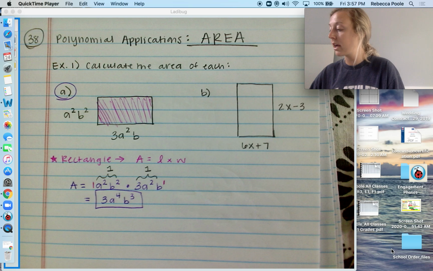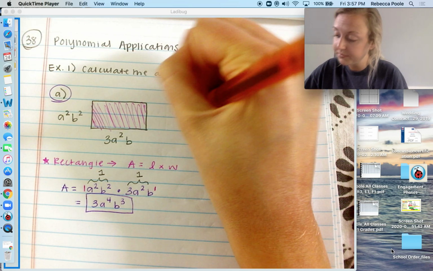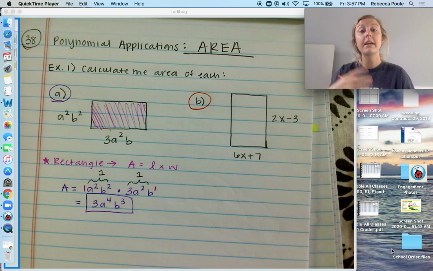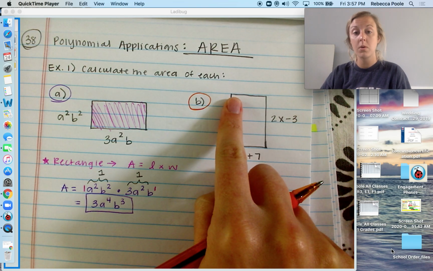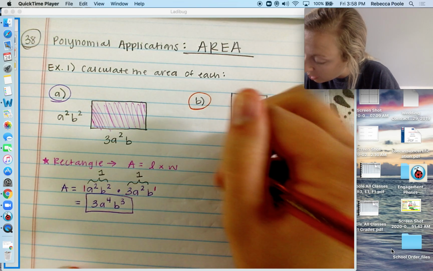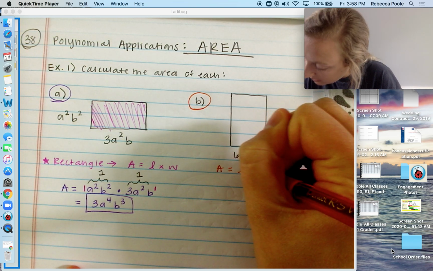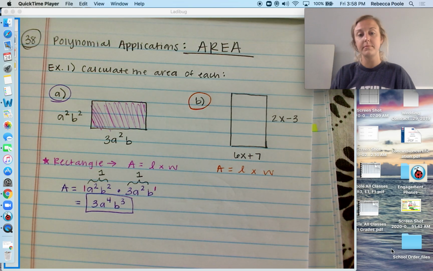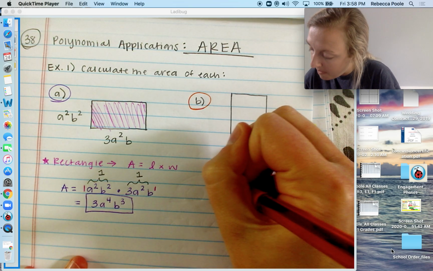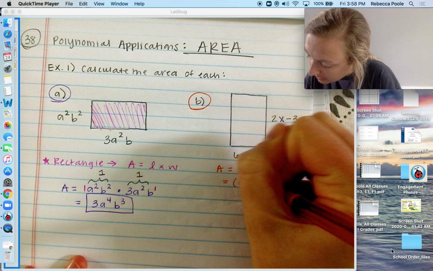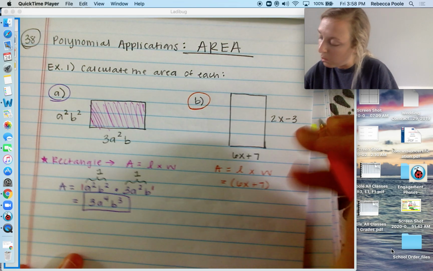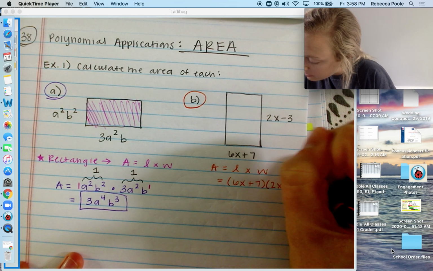Now let's take a look at letter B. So letter B, again, is a rectangle. How do we find the area of a rectangle? We're going to do length times width. So let's write that out. My length is 6x plus 7, and my width is 2x minus 3.